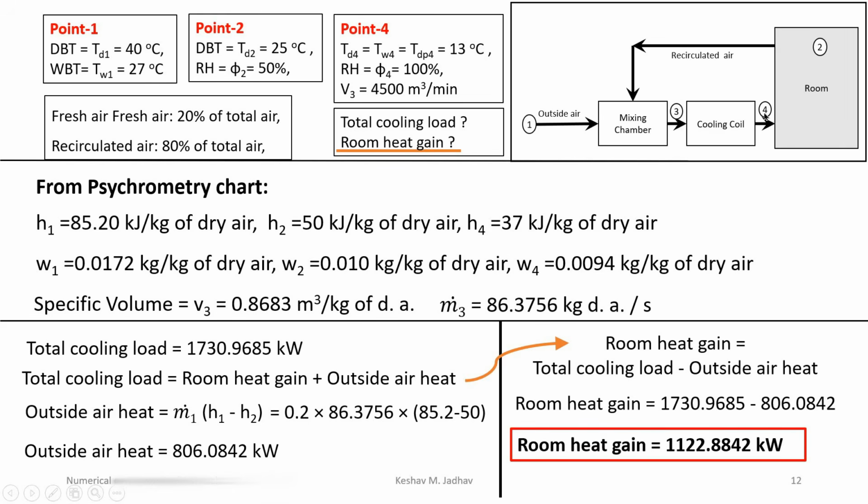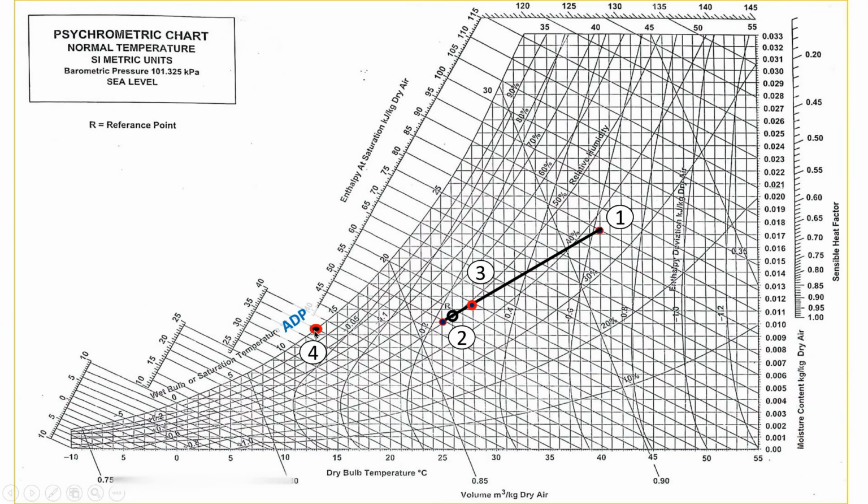So we can consider the temperature of cooling coil equal to temperature of saturated air. So here this point 4 is nothing but coil temperature, or it is also called as apparatus dew point temperature.